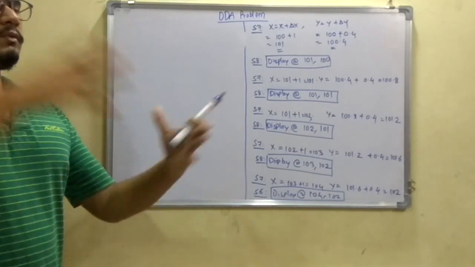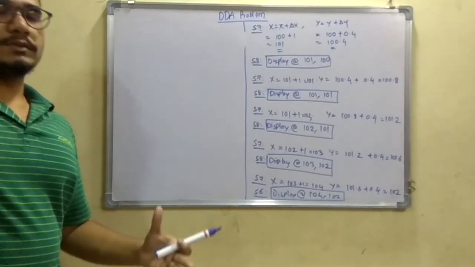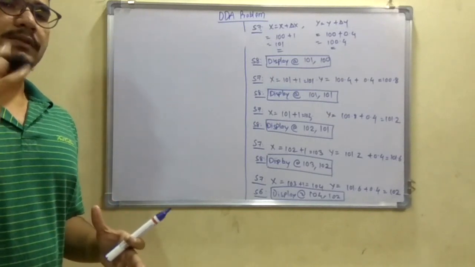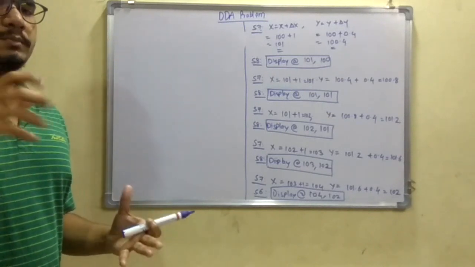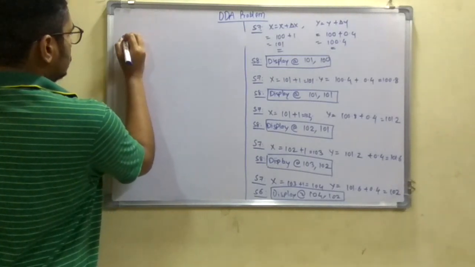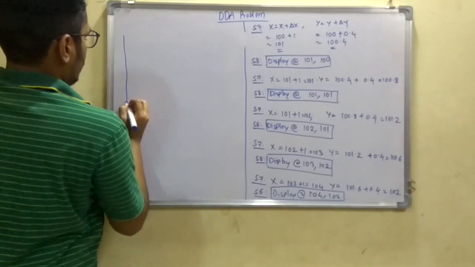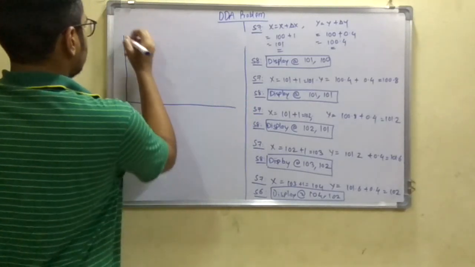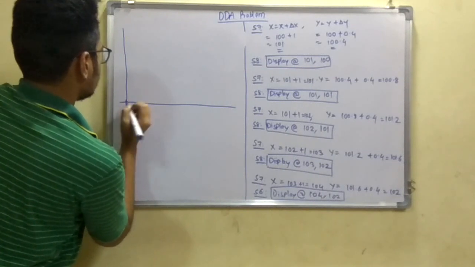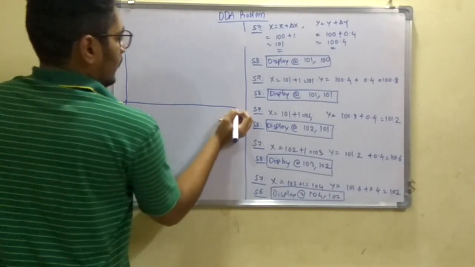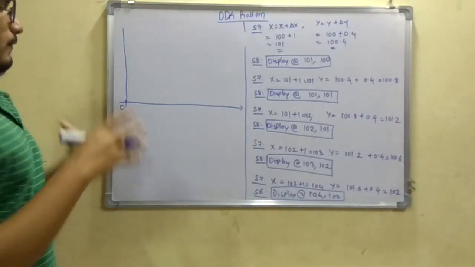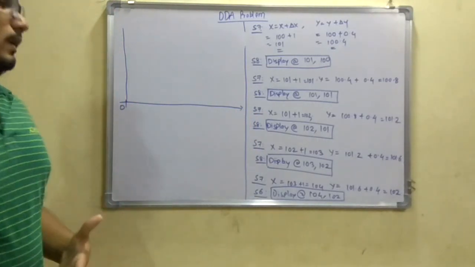Like when you go far beyond, then you can see a small straight line going. But when you zoom in, you can find the actual pixels that are consuming those particular blocks. So we have the x and y axis. We have this origin here, that is 0, and we take a scale of every, like we have 100, then 101, 102, and so on.